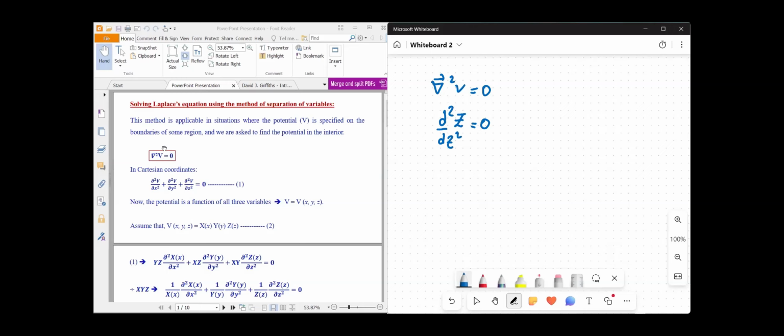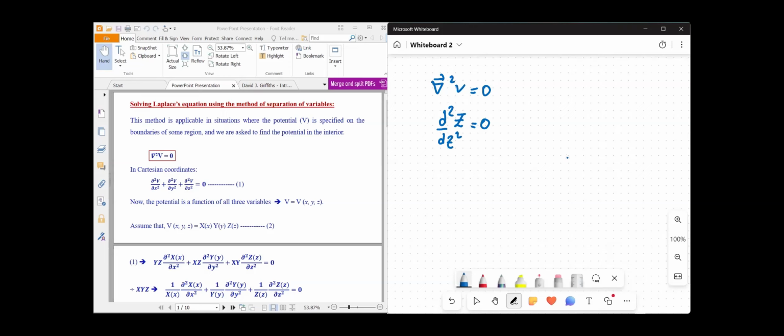To do that, we are going to say the potential is a function of all three variables, and we are going to assume that we can state it as a separation of x, separation of y, and separation of z, three functions.